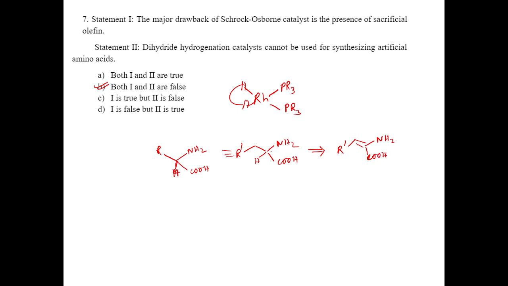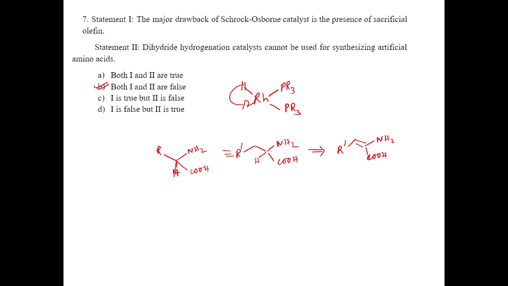You can get either the D product or the L product, right? The L is already naturally occurring, so the D one you can get through an artificial way.